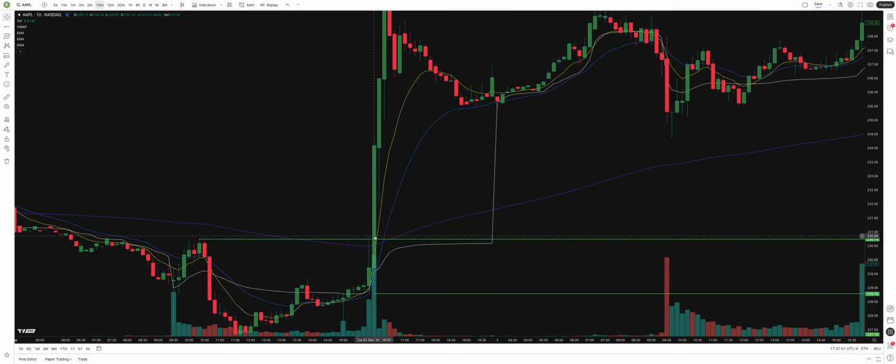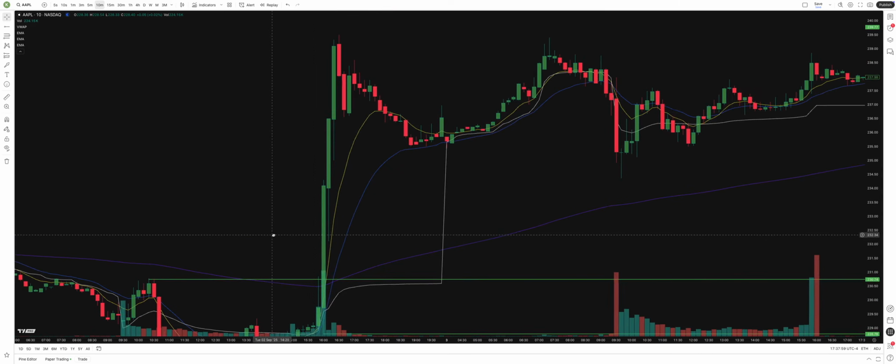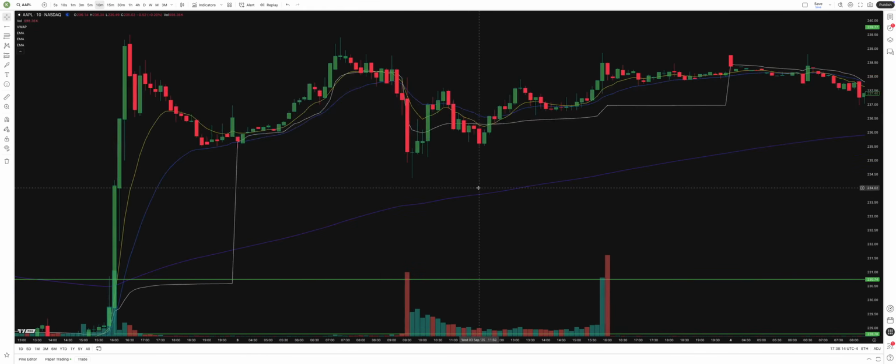So you might be aggressive and buy here, or you might wait till this candlestick closes and buy here, or maybe even down here somewhere. But it's respecting it, and then once you see that it's crossing maybe right here, that's when you would sell off. So in that case, it would be somewhere around $230 to $236, so about a $6 spread, which is a fantastic spread if you're trading.